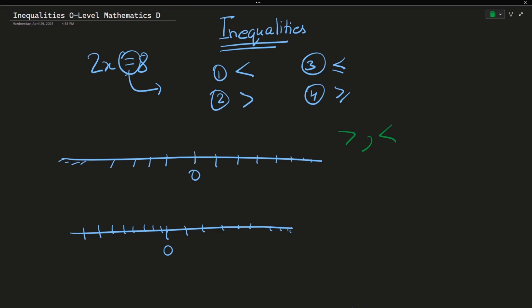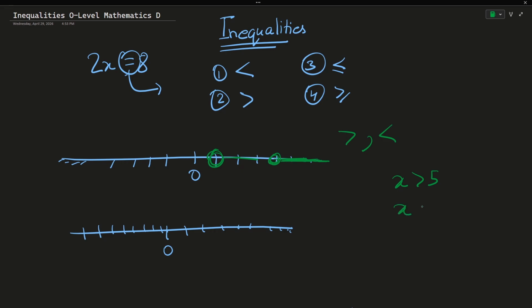For that, you just put a circle on the point on the number line and just shade the region based on the inequality sign. So let's say if it was x is greater than 5, then you would find 5 on the number line, and x is greater, so that means you will shade the right part of the number line.